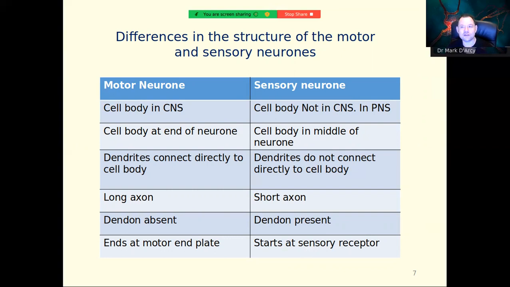Motor neuron, there is a long axon. Sensory neuron, a short axon. Motor neurons, the dendron is absent. Sensory neuron, it's present. A motor neuron ends at a motor end plate that is just in front of the muscle or the gland. The sensory neuron starts at a sensory receptor, such as the heat receptor.